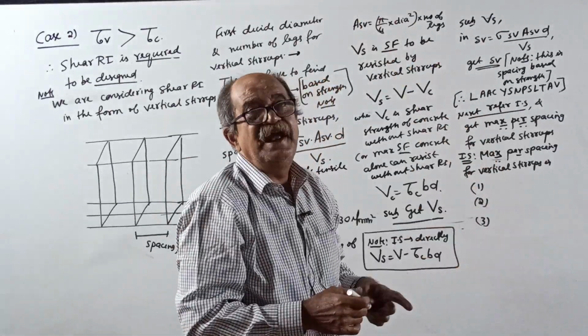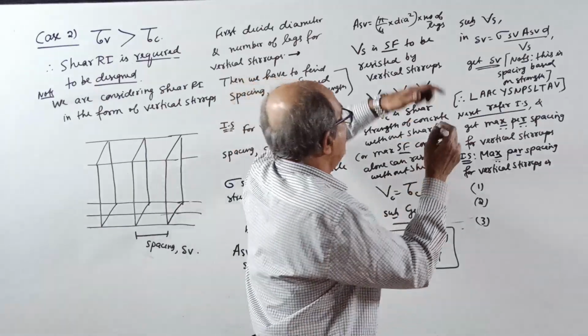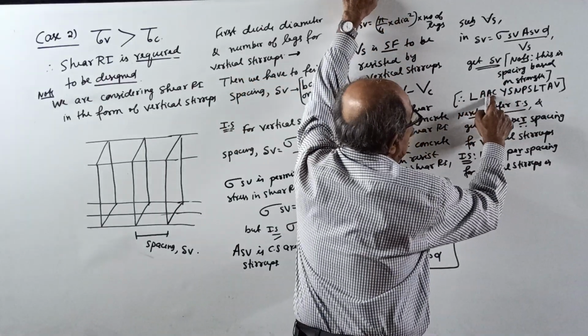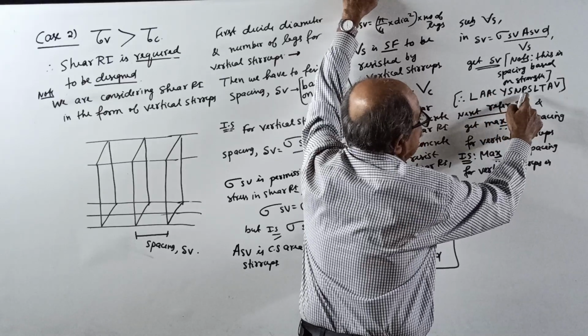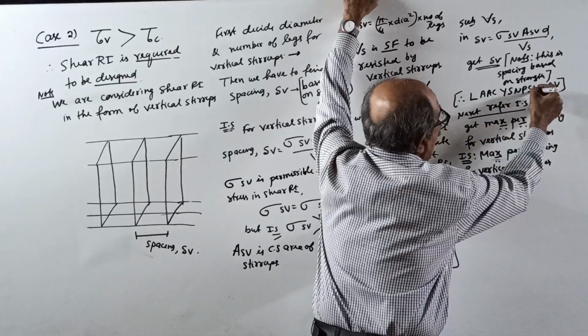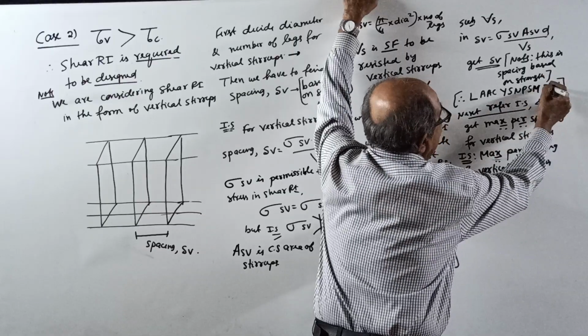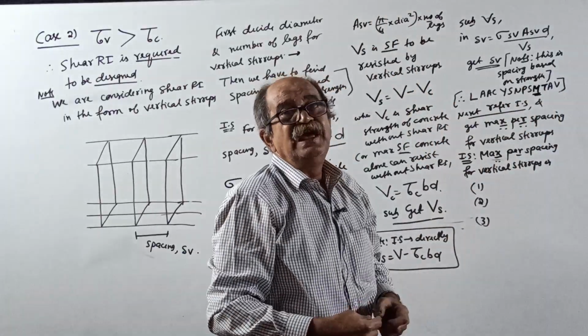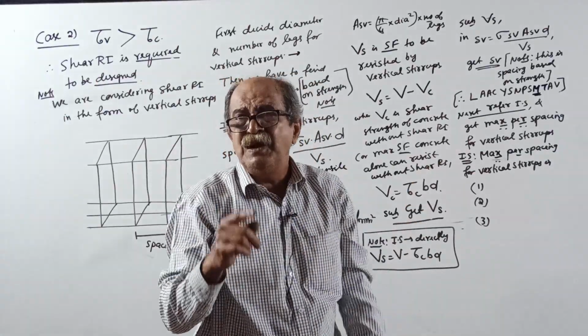When you write something, understand it. Later, this I deliberately wrote: at any cost, you should not provide spacing more than the above value, not less than, more than. Why? If you provide more spacing, it becomes weaker.